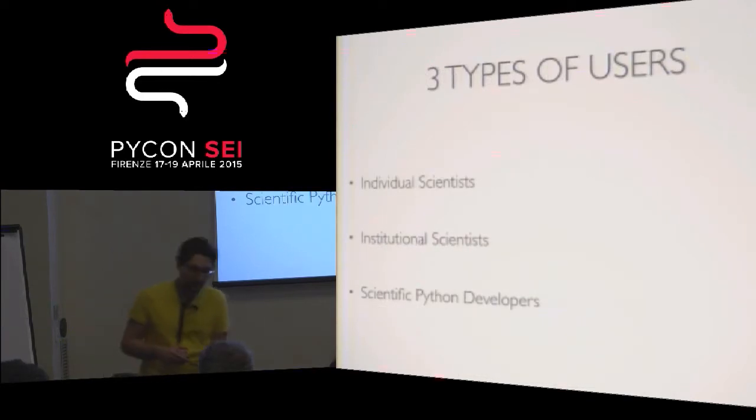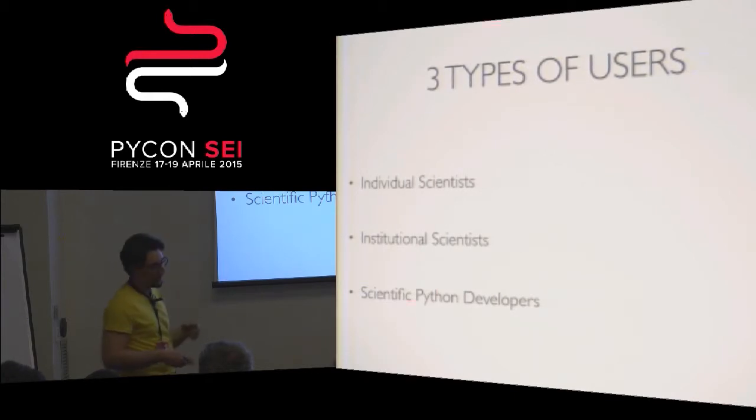That's from Jake van der Plas, one of the most famous members of the Python data science community. He says that there are three types of users in data science: the individual scientists, the institutional scientists, and the scientific Python developers. Actually, these three categories are not meant to be completely different. Sometimes one could belong to different categories.